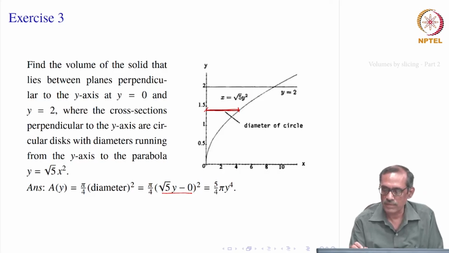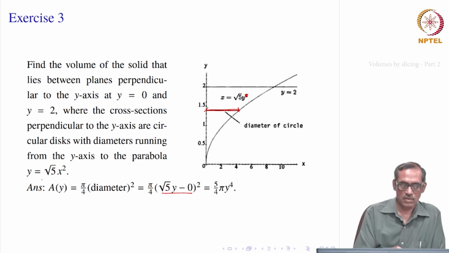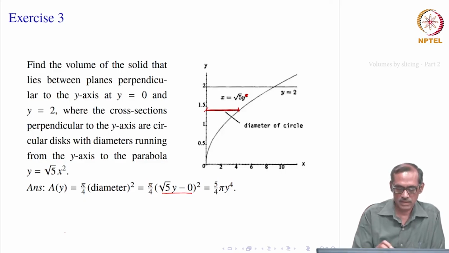It is really root 5 y. Okay. Here y equal to root 5 x square, so x is equal to, it is not root 5 y, right? But we have root 5 y here. So, this diameter is really root 5 y.